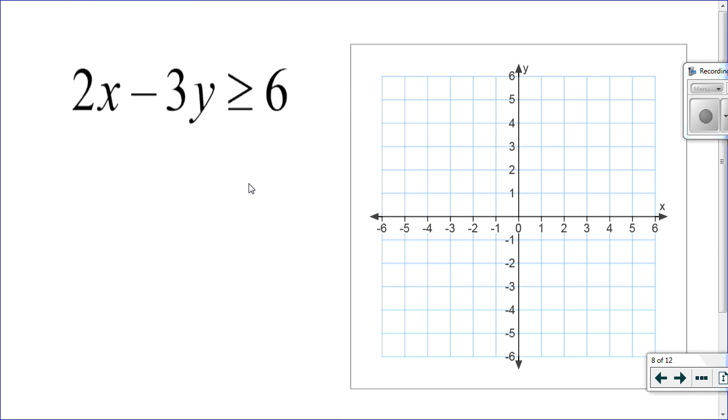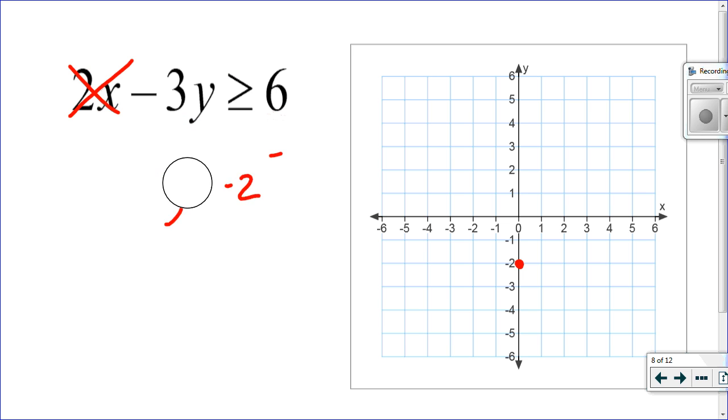So let's look at another example. So 2x minus 3y is greater than or equal to 6. Well, again, to graph my line in standard form, I get rid of my x term. I have negative 3y is greater than or equal to 6, divide by negative 3, and I'm going to have my y-intercept, right? So my y-intercept is negative 2, so I'm going to mark that y-intercept.